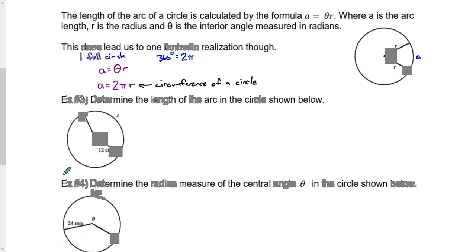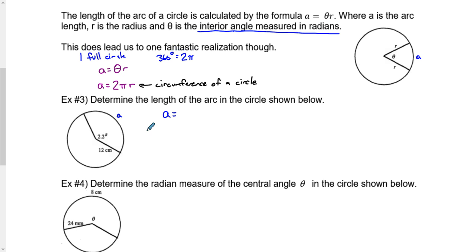All right, we'll do 3 examples really quick here. Determine the length of an arc of a circle shown below. So we want to find out this S. Really, it's asking for what the arc is. So arc is theta, our interior angle, which again has to be measured in radians, times the radius.